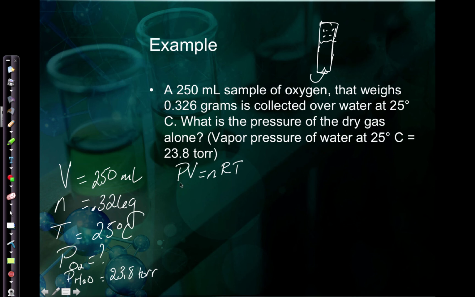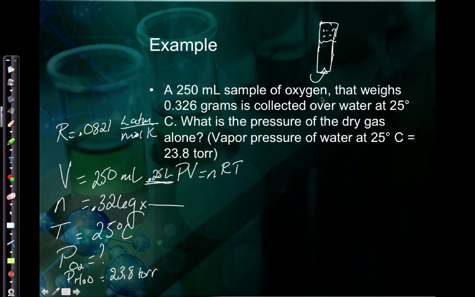All right, so if I'm going to do this, everything has to match the units in the R. So my volume would actually be 0.25 liters because it needs to match R. My number of grams needs to be converted to moles.